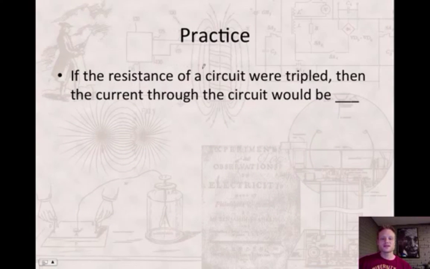Problem: if the resistance of a circuit were tripled, then the current in the circuit would be blank. Remember the formula of Ohm's law I use is V equals I times R, and we're worried about the current, so I'm going to get that by itself again: I equals V over R. If the voltage remains constant, with no change, and the resistance were tripled, so you make this number get bigger, times 3, what would happen to the current in the circuit?